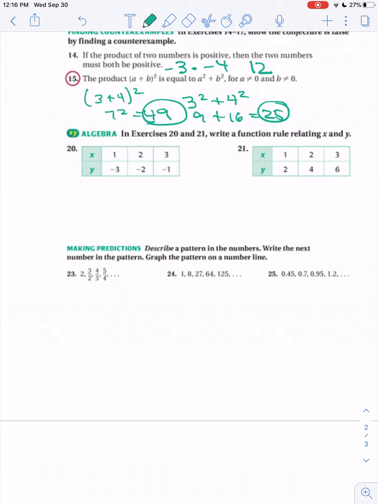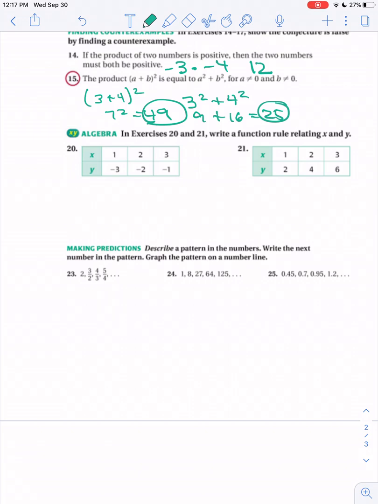Next section, it says, write a function rule relating x to y. You may see what's going on in this sequence of numbers, but now we've got to put it into a function. So it looks like on the first one, we're going down by 4 every time. And I want to put that into y equals mx plus b format.